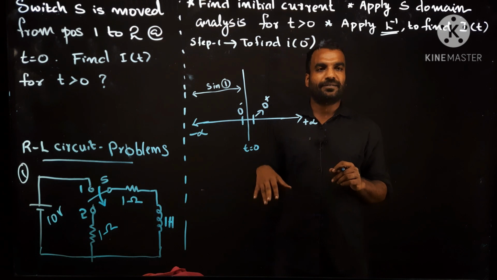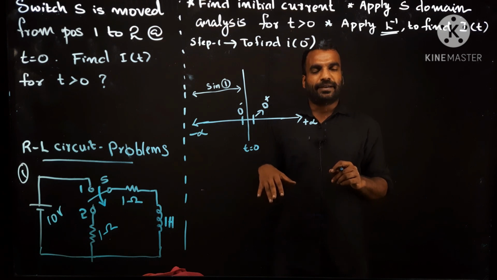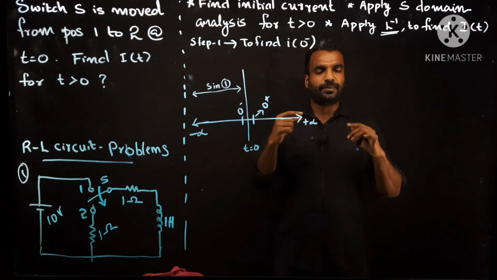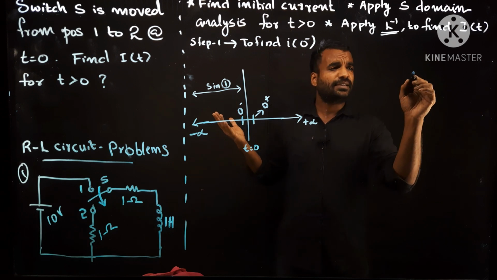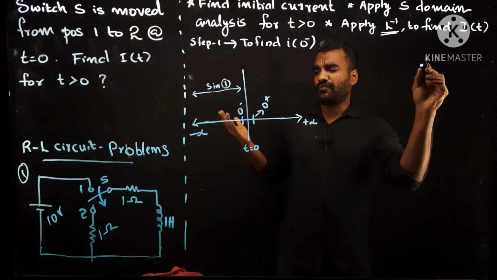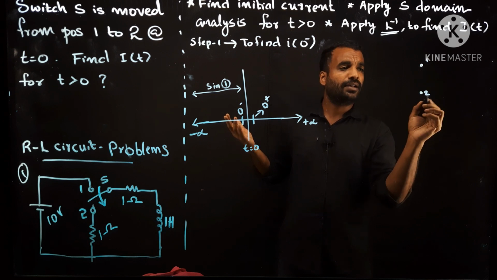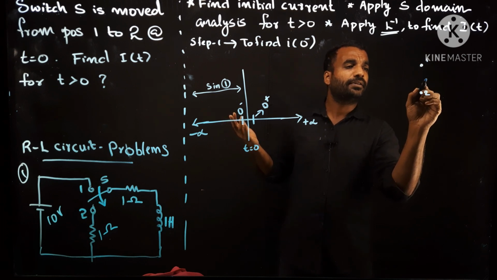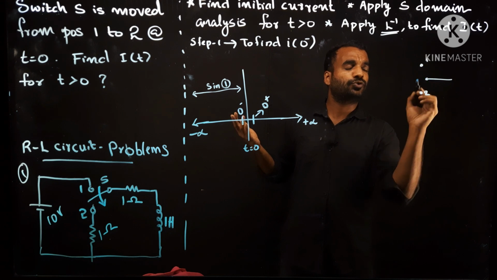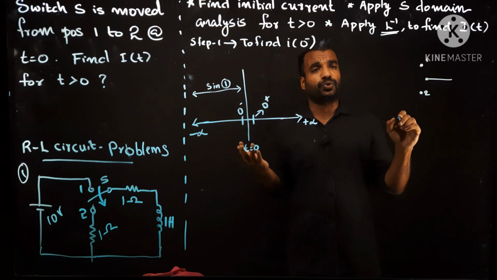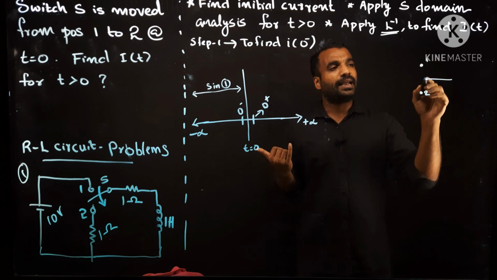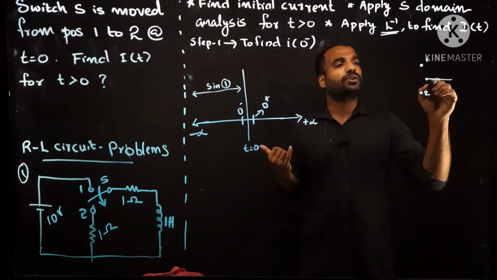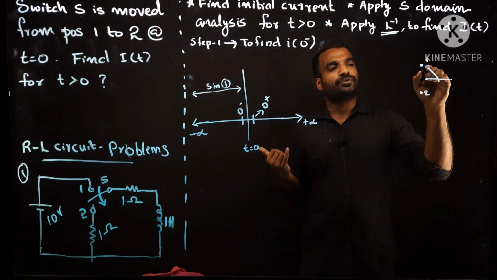At negative infinity, I don't know what happened. Initially the switch may not be connected to 1 or 2, neither connected to 1 nor to 2. This may also happen. And at negative infinity, it may be connected to position 1.